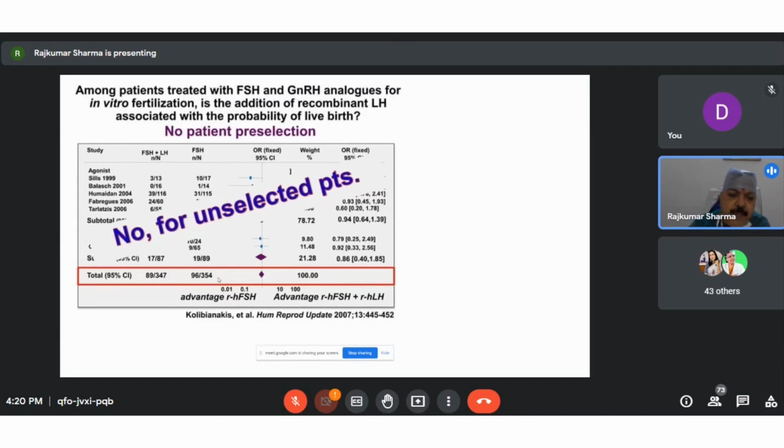It did not improve the pregnancy rate, whether you gave only FSH or FSH and LH to these patients. So the point to remember is, even in the long protocol, that is an agonist protocol, some amount of LH is always present, which is just sufficient for the follicles to grow. You may not require LH to be added in this group of patients.